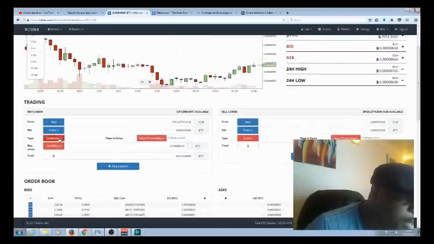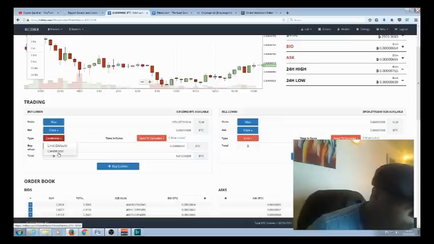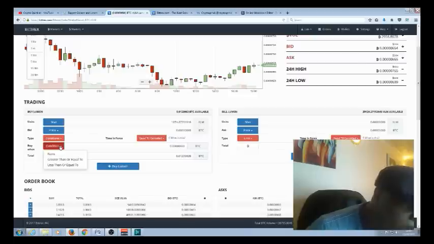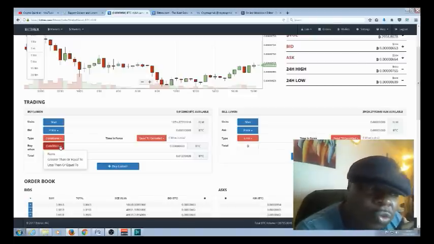So you click on that icon, and then you select conditional, and then it gives you an additional drop down icon to click on. You click on that as well, and then it gives you a list of the parameters that you can set around your trade.